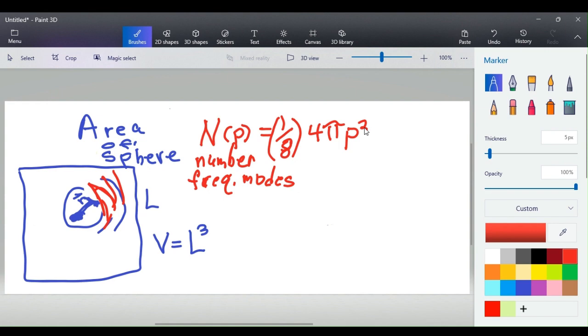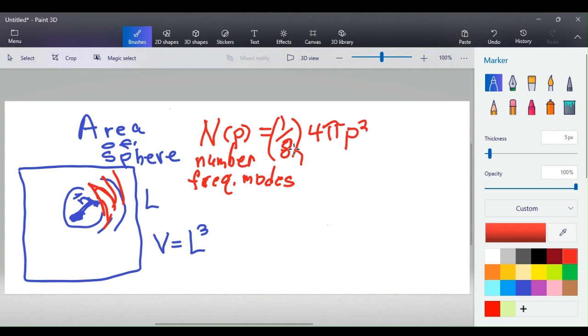Now, what does this all mean? Well, that's the number of frequency modes, and that'll help us finally come up with some frequency information here. Let's see if I've left anything out. I think that's okay. Now, why 1/8?